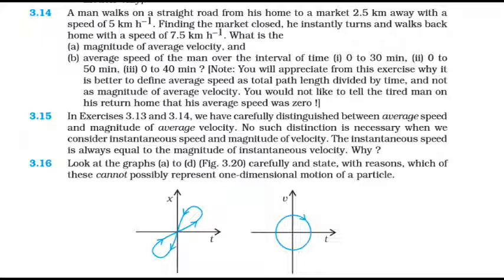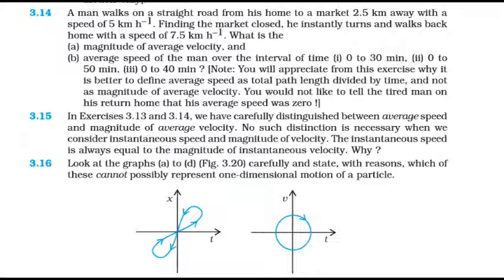What is the A magnitude of the average velocity and B average speed of the man over the interval of time 1) 0 to 30 minute, 2) 0 to 50 minute, 3) 0 to 40 minute?